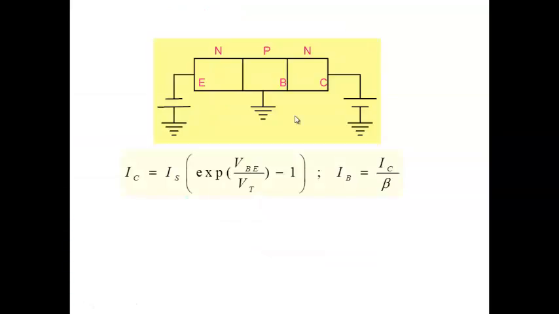Let's continue from there. So this is the transistor in forward active mode, and these are the equations. And here I've drawn a particular way of biasing a transistor where the base, as you can see here, is common.